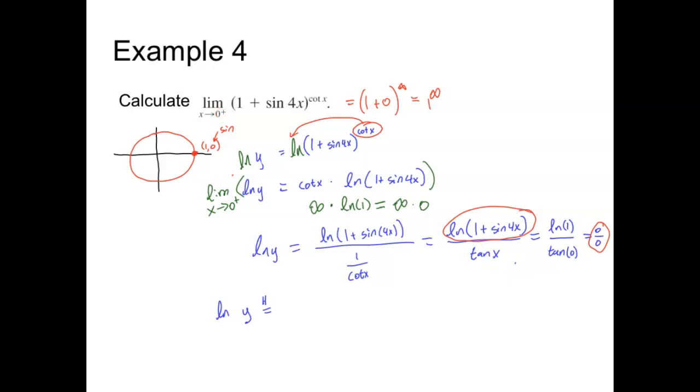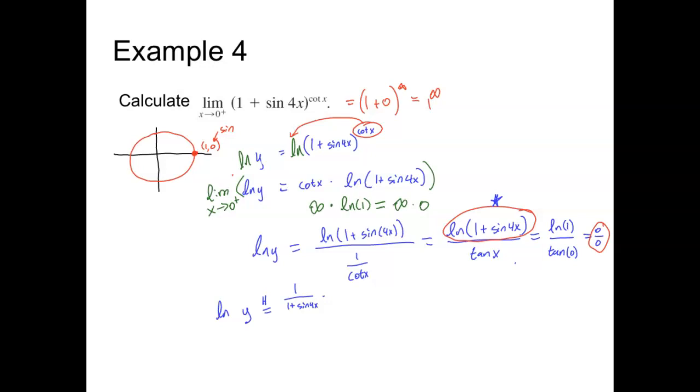All right, so the derivative of the numerator, we've got to use the chain rule here. So this one's a little bit messier. Chain rule says derivative of the outside function, which is natural log, so it's going to be 1 over 1 plus sine of 4x times the derivative of the inside function.